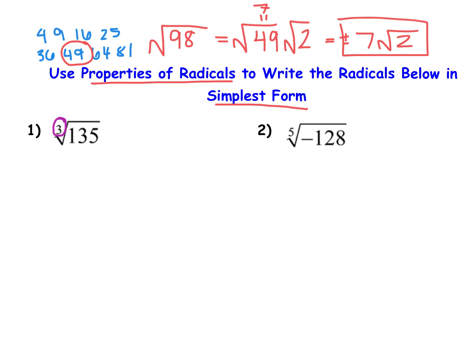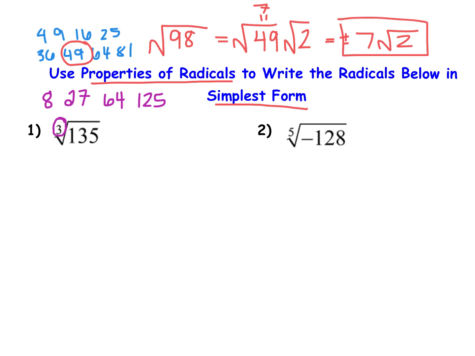I'm not going to look at 1 because everything is divisible by 1, but 2 to the power of 3 I know is 8. 3 to the power of 3 I know is 27. 4 to the power of 3 I know is 64. And 5 to the power of 3 I know is 125. And 6 to the power of 3 I know is bigger than 135.